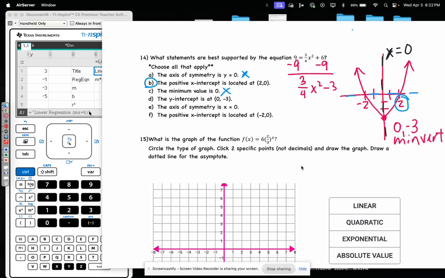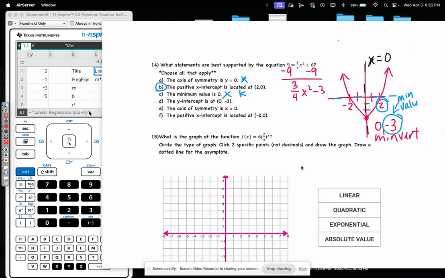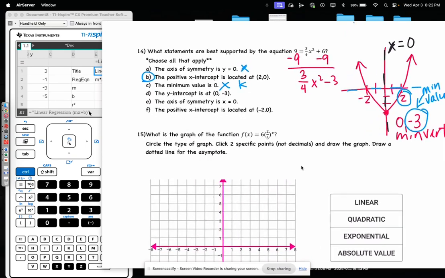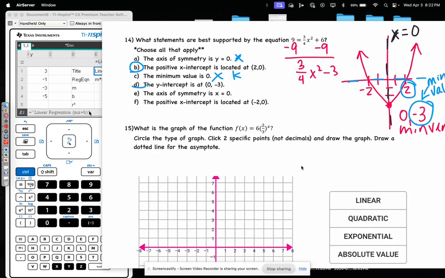Your min value is always your k. So it is a min vertex, but your min value is that lowest y value. So the min value is actually -3. The y-intercept is 0, -3. That is true. The axis of symmetry is x equals 0. Yes. The positive x-intercept is at -2, 0. No.